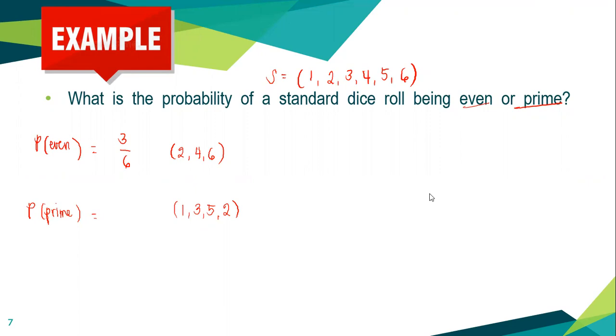For 3, we have 3 times 1. For 5, 5 times 1.